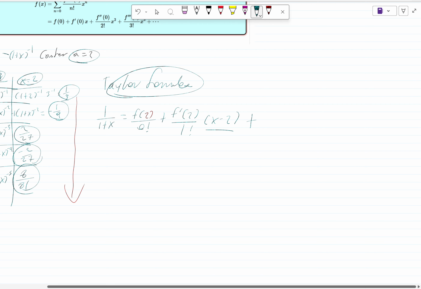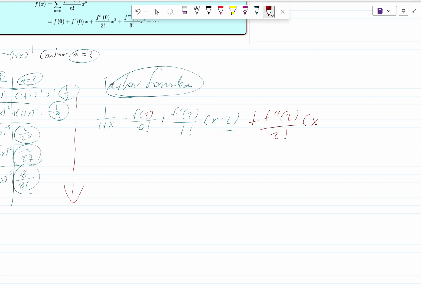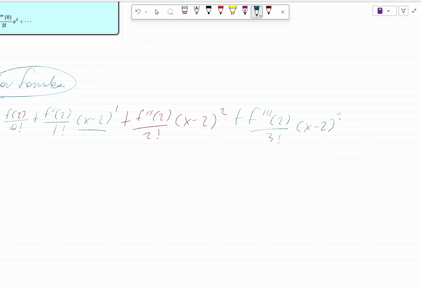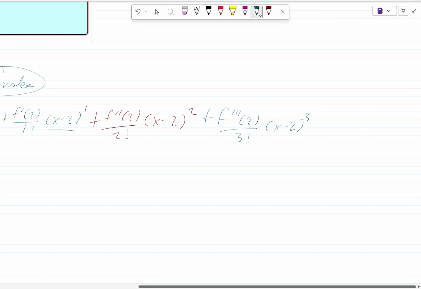Plus, let me change color so you can see, plus f'(2) times (x minus 2) to the power of 1. Now plus f'' over 2 times (x minus 2) to the power of 2, and plus f''' over 3 factorial times (x minus 2) to the power of 3, and it goes on.